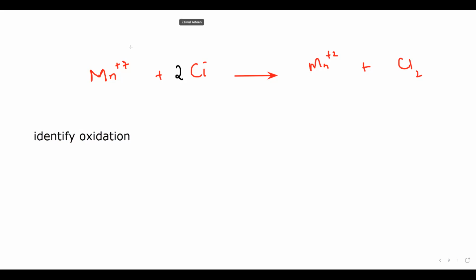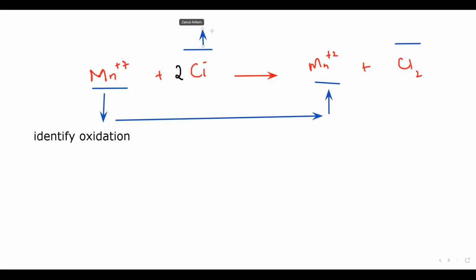For ions, the charge written on the ion is known as the oxidation number. So Mn is plus 7, it changes to Mn plus 2, and chlorine is minus 1, it changes to 0. So it's plus 7 changes to plus 2, and minus 1 changes to 0. Why 0? Because when elements are there, their oxidation number is 0.